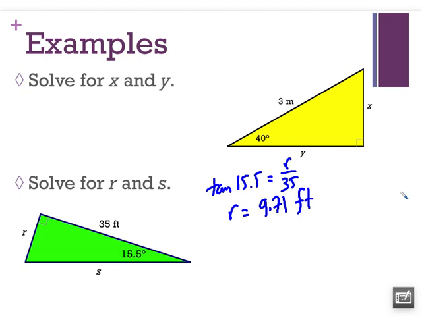What function do you want to use to solve for S? What function don't we use to solve for S?